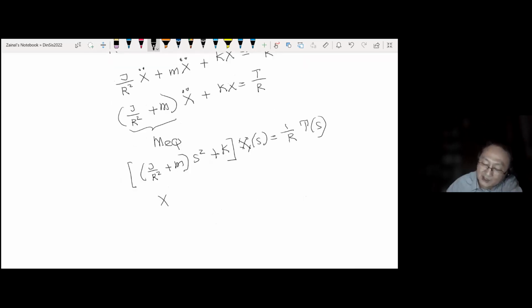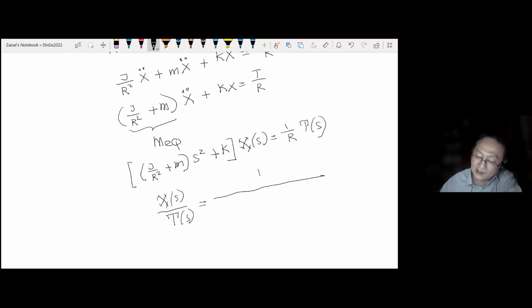And the transfer function between displacement with respect to torque is 1 divided by r multiplied by J divided by r square plus m, s square plus k.